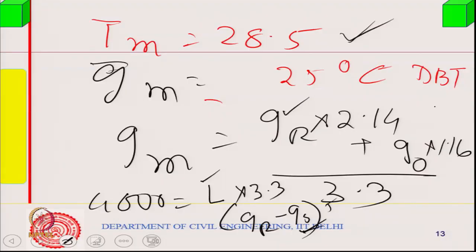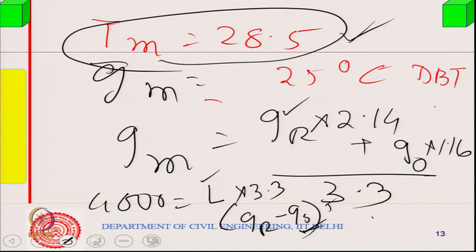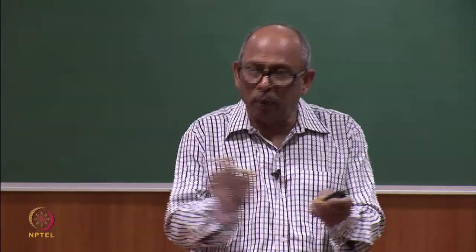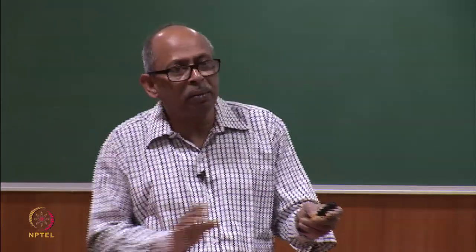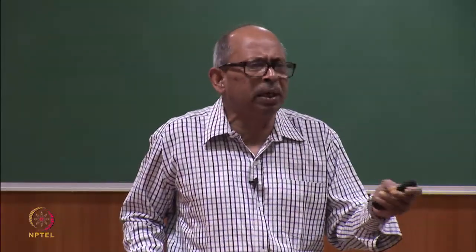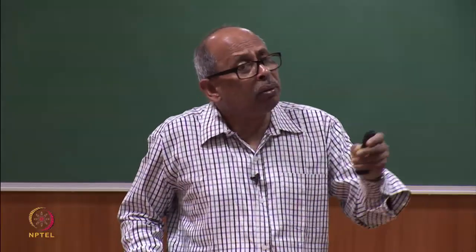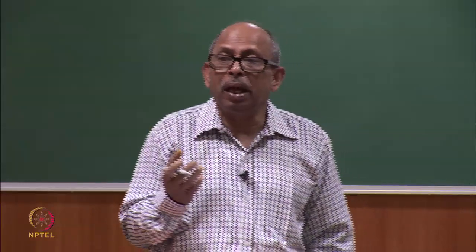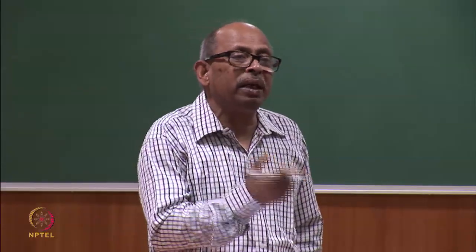So, this mixture at 28.5, at 3.3 kg per second, and moisture content of Gs, should now be brought to 15 degree or slightly less. Now, for our class, let us take it to be 15 degree because we said 10 degree differential, and let us neglect the loss. So, you will have to bring it to 15 degree, and I should find out how much enthalpy change corresponds to that.